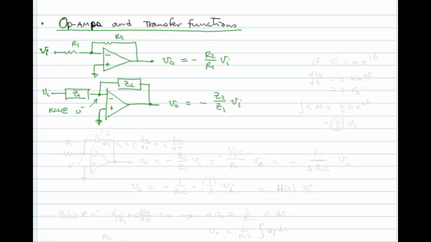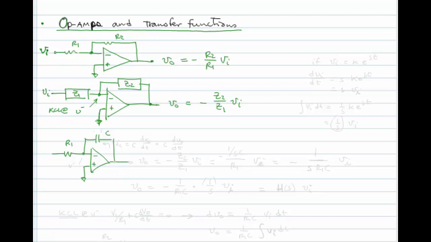But now suppose that we replace R2 with a capacitor, C. Then what would we have?